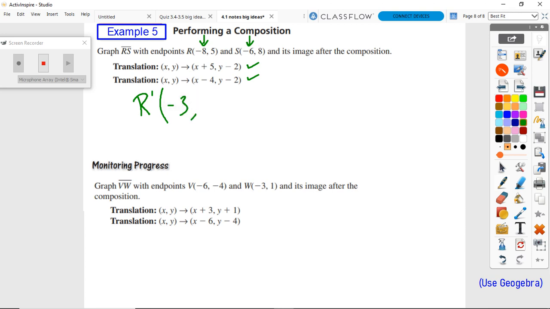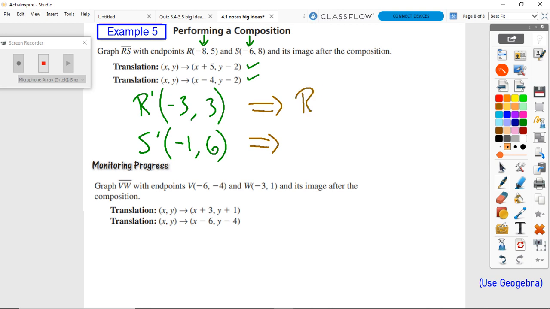Then the Y values, I got to drop 2. So I'm starting at 5, I'm going down to +3. All right. And then the S prime, add 5 to the X's and subtract 2 from the Y's. There we go. And then we're shooting it over here to the double prime now.